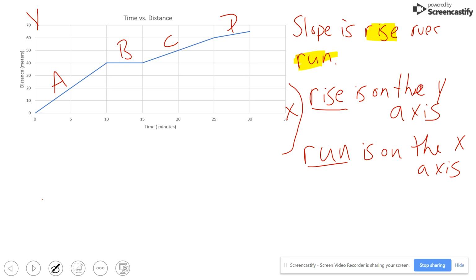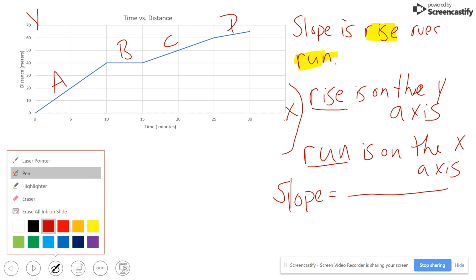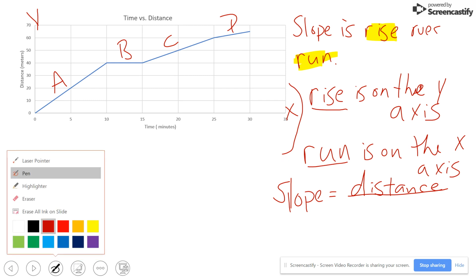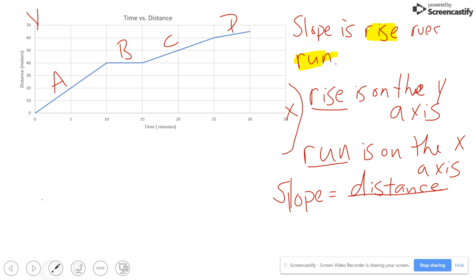That means as we look at this, your slope equals rise over run. Our y is our distance, and our run is time. So it's going to be distance over time.